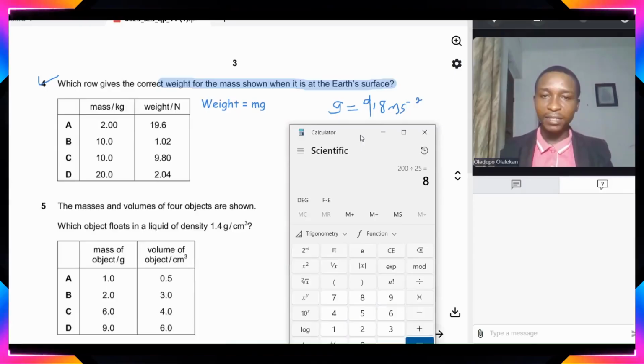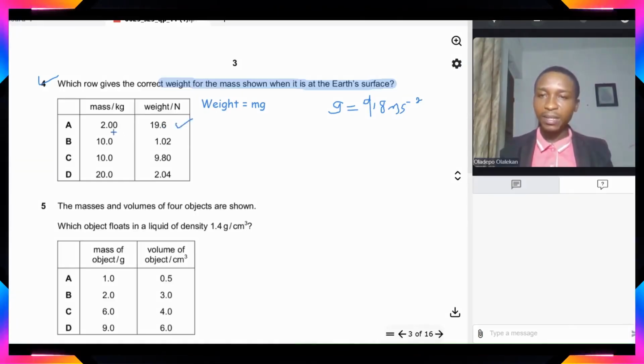So let's try the first one, when the mass was 2 kilograms. Then we multiply that by 9.8. Then that gives us 19.6. Okay, this is correct. Then for the second mass, if we multiply 10 by 10, it cannot give us 1.2, so that's incorrect.